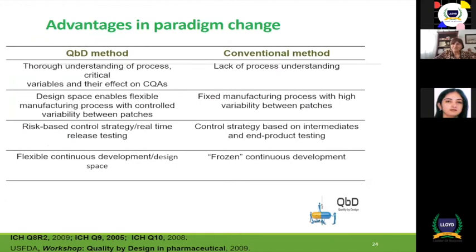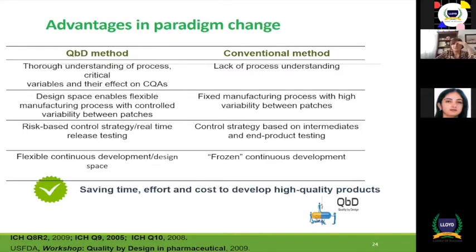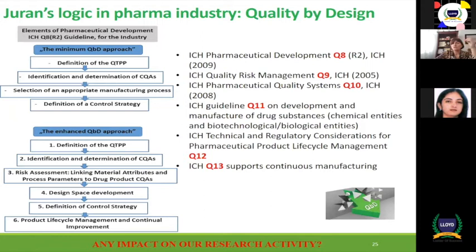I have many examples, but I don't want to use the time for this. The advantages, and you know these, are described in the ICH guidelines, which write down the QBD methodology and aims. For sure it saves time and cost to develop high quality products, and it helps you get closer to the market.